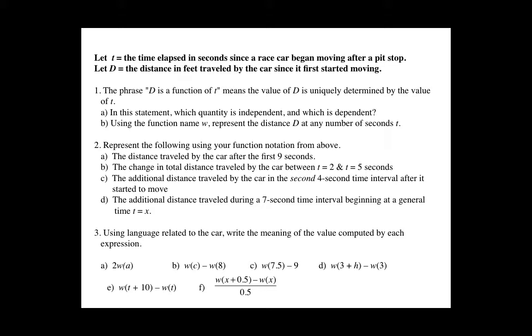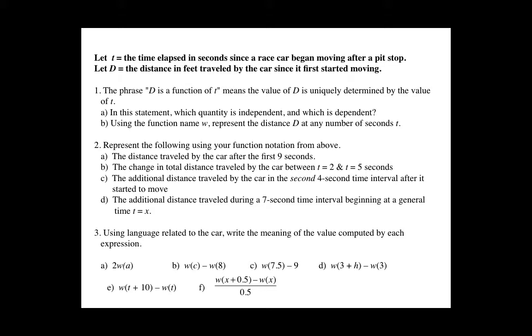All right, now C and D, I'm going to read these and let you think about how you want to write these for a moment. C says the additional distance traveled by the car during the second 4-second time interval after it started to move. So think about which seconds those are and how you'd express the distance traveled during that second 4-second interval.